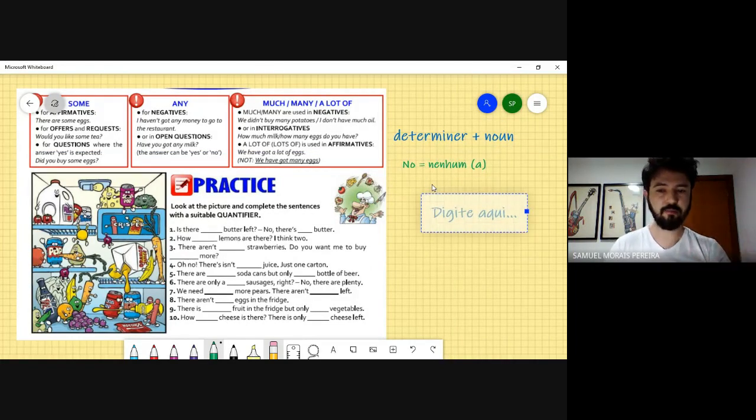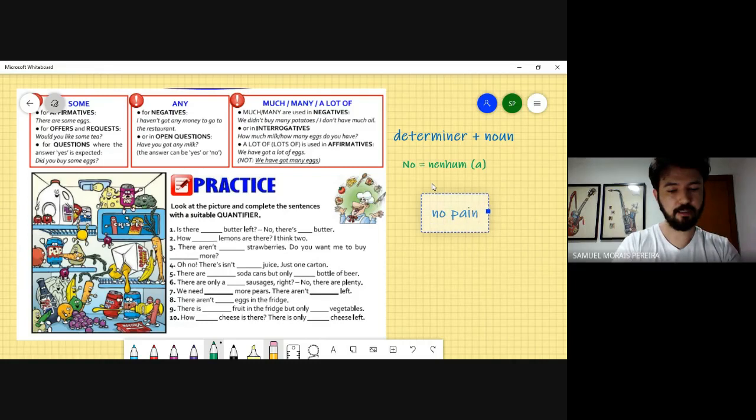I'd like to start by showing you a sentence which is very common in t-shirts of people who go to gyms, okay? Pessoas que vão à academia de ginástica, they usually wear a t-shirt where you can read no pain, no gain.